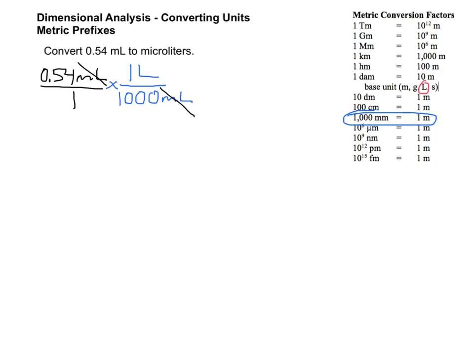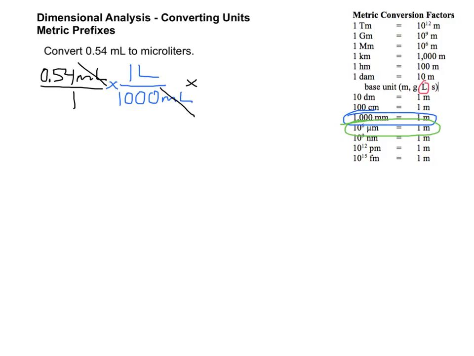In our next step, we'll want to cancel units of liters and get into the desired unit of microliters. So our micro entry is here. We'll identify that and circle the conversion factor we'll be using. And that's 10 to the 6 micrometers is equal to 1 meter.